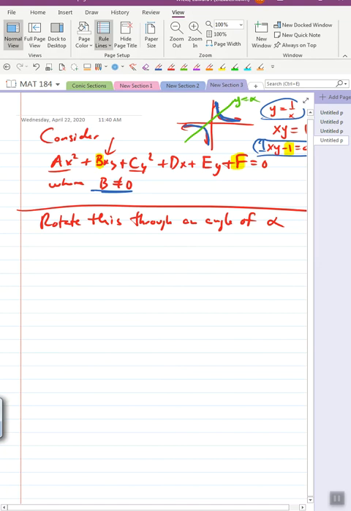Okay, so do you agree that if I rotated that thing 45 degrees counterclockwise to create this, that would be a more standard hyperbola that I'm used to? It's either vertical or horizontal. Actually, in this case, it would be what? y squared over 1 minus x squared over 1 equals 1. It would be y squared minus x squared equals 1.